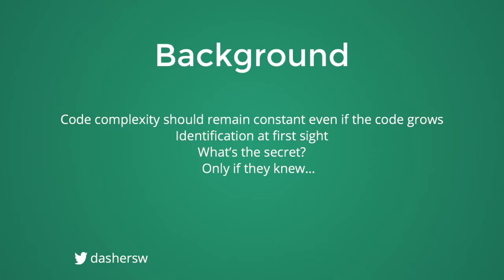So this is what we mean when we say keeping the complexity low. You can repeat stuff, certain workflows, but the number of surprises is what gives you the complexity. If you look at something and you don't understand at first sight what it means or what it does, a certain piece of code, then that's complex.